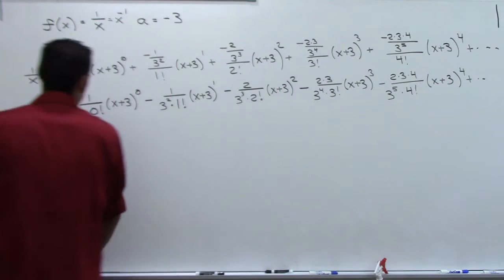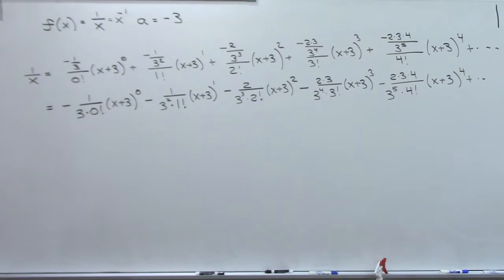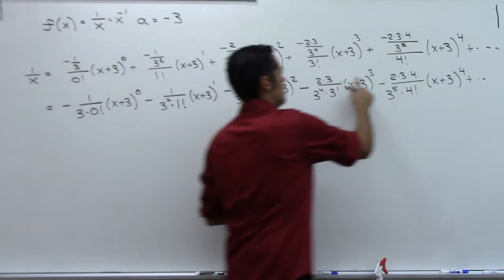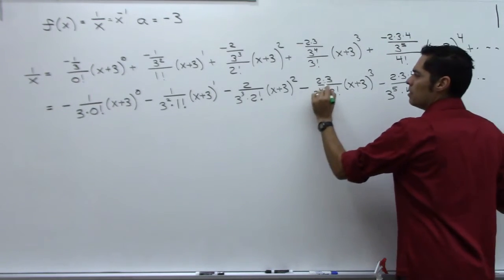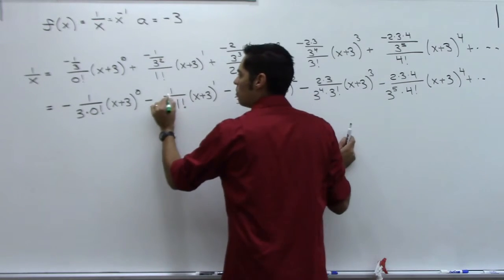So I'm ready to write my sigma notation, but I want us to notice something that we could do right now. We said these numerators were factorials, right? This was 4 factorial, 3 factorial, 2 factorial, 1 factorial, 0 factorial.